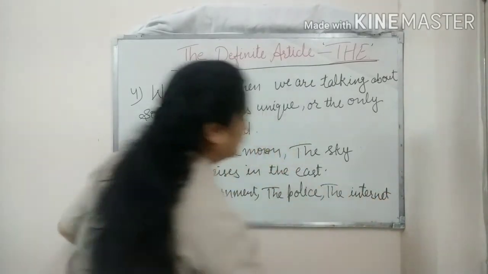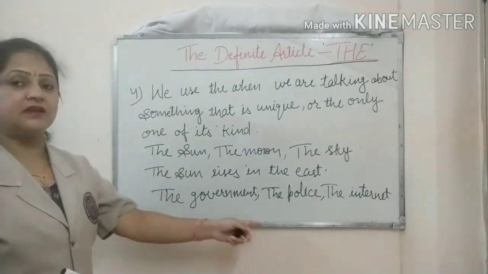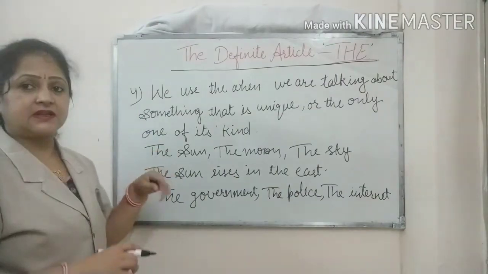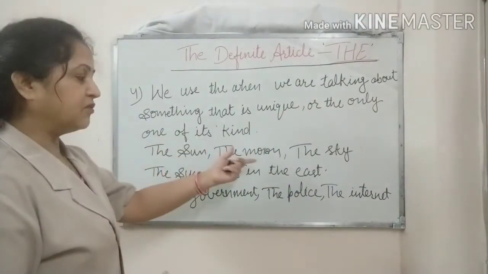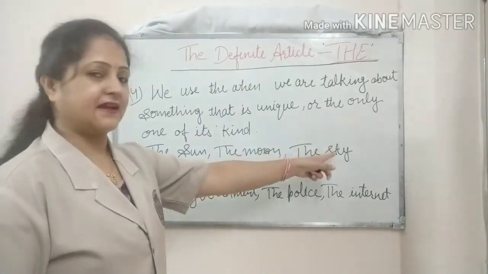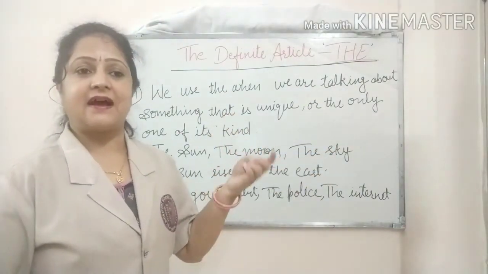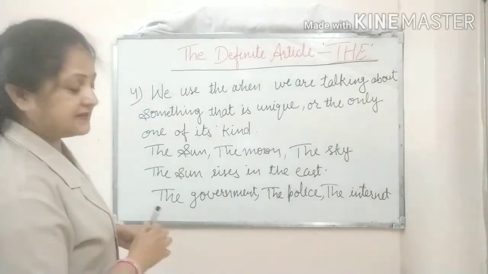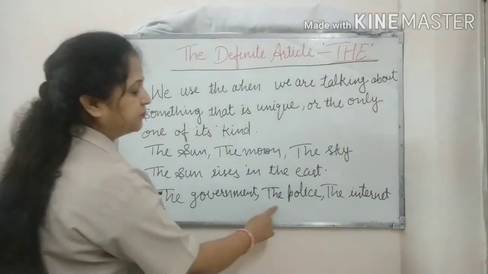So these are the things that we consider unique, like the sun, because there is only one sun. The moon, again the same thing. The sky, and after that there are some other things we consider unique: the government, the police, the internet.